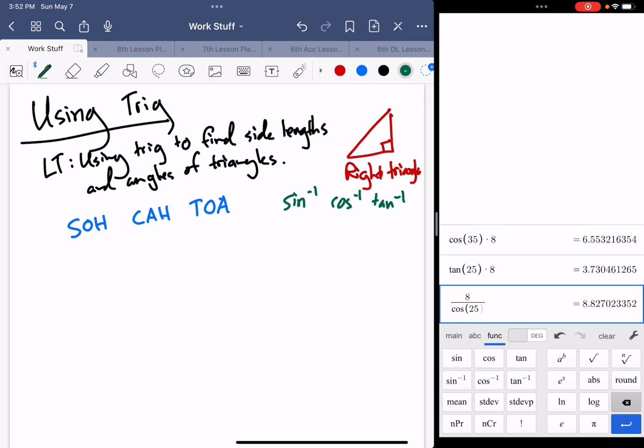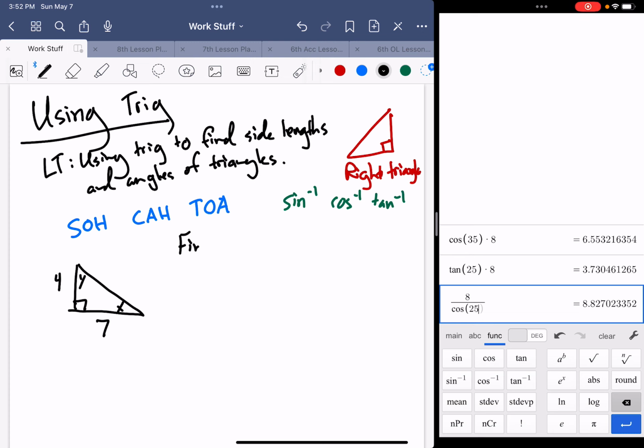So let's look at a new problem. I have a right triangle that looks like this. I have a base of 7 and a height of 4. And I want to find out what x and y are.